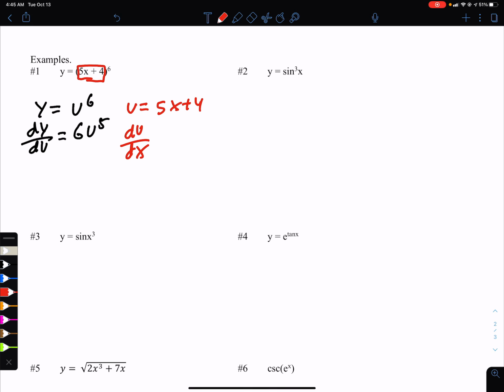And just taking the derivative normally, we find that to be 5. And so ultimately, we want the derivative of y with respect to x. So we're trying to find dy dx. Well, first, we need dy du, and multiply that by du dx. And so you see, that's going to give us our dy dx.